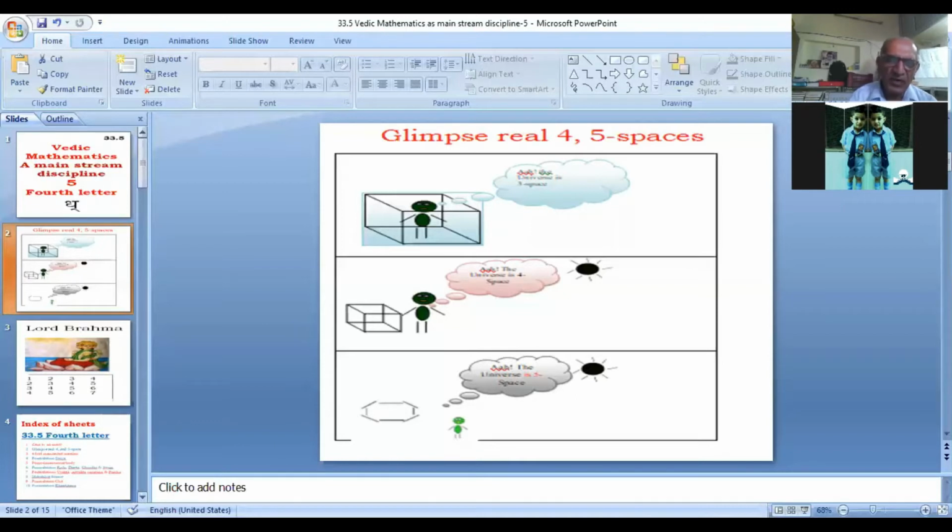This degree of freedom of motion for solids requires, expects a fourth dimension, fourth geometric dimension. The fourth geometric dimension availability is there for the dynamic state solids.